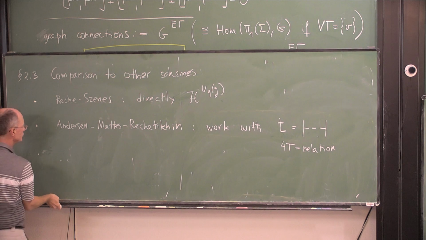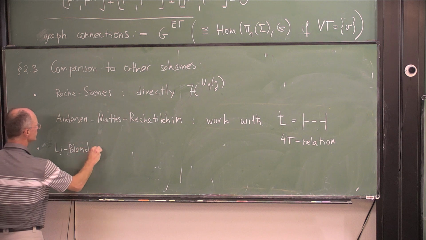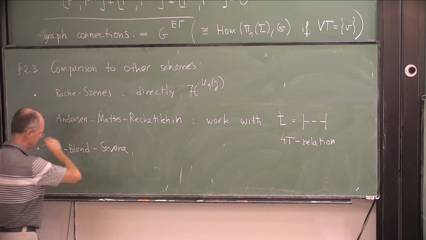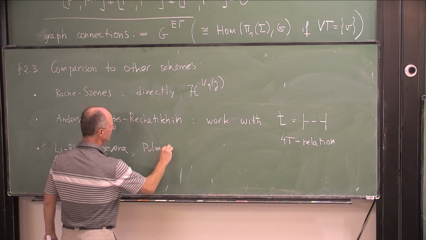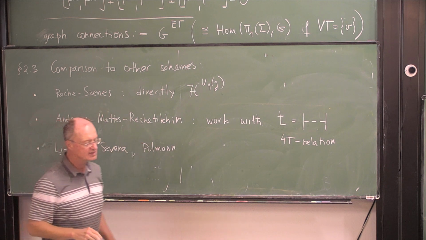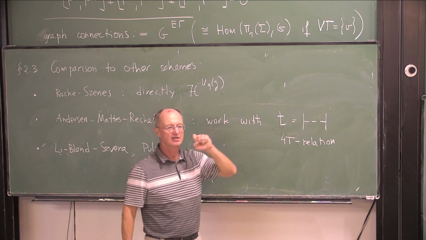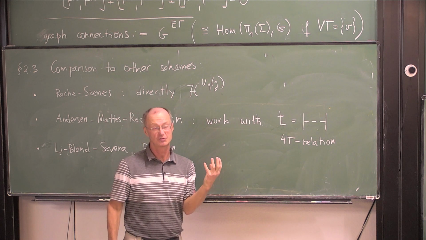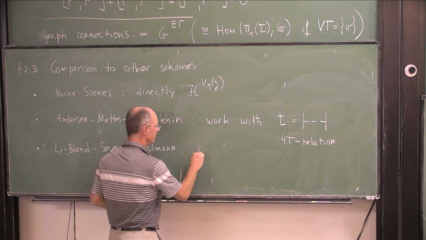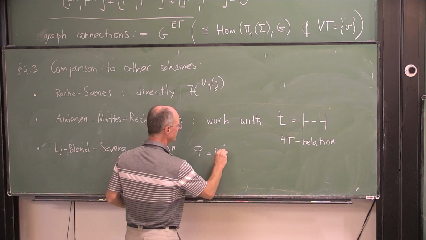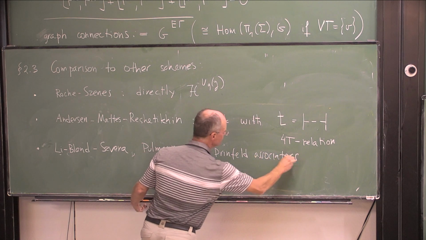Maybe a somewhat related scheme. I think it was formulated by Alekseev and Ševera, and then recently completed by Pulmann. You see, once you enter the game with this 4T relation, there is another story which also plays a role in knot theory that you can employ for quantization. That's the story of Drinfeld associators.